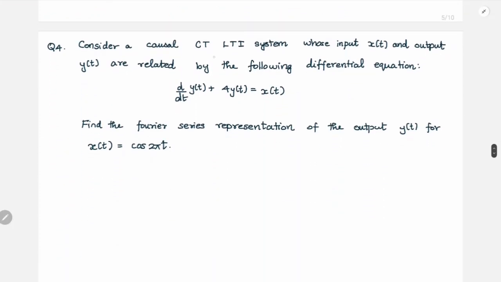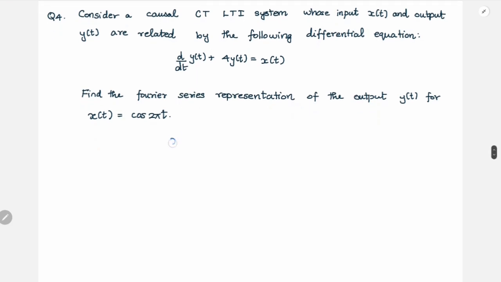Consider a causal continuous time LTI system whose input x of t and output y of t are related by the following differential equation: d by dt y of t plus 4y of t is equal to x of t. Find the Fourier series representation of the output y of t for x of t equal to cos 2 pi t.